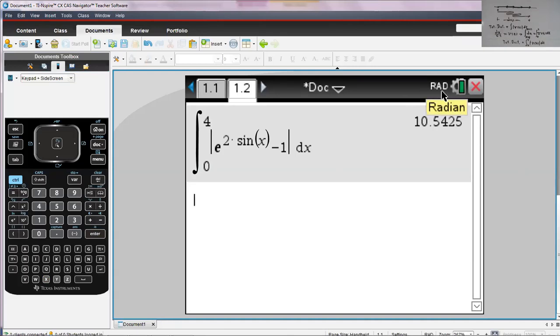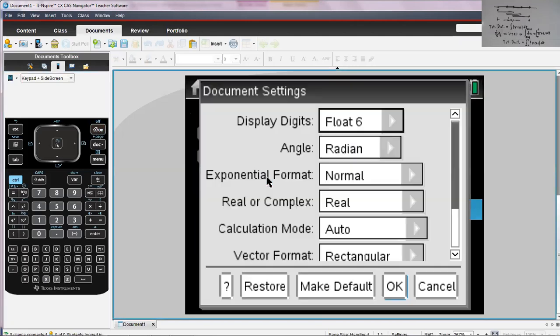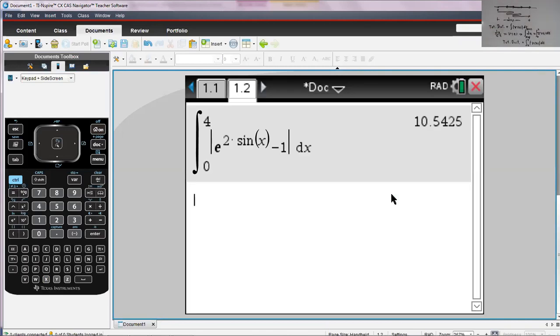Remember, you go to setup, settings, document settings, and you have degrees. Sometimes we're going to use degrees, but most of the time we are going to use radians, correct? Okay. Any question here?